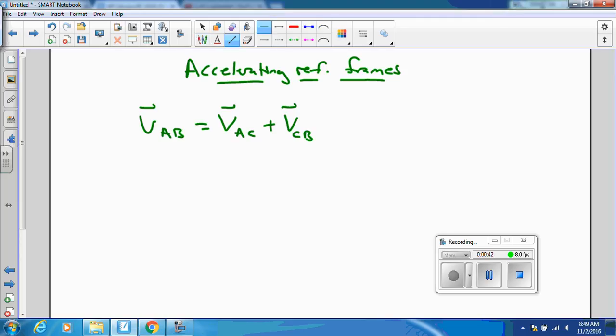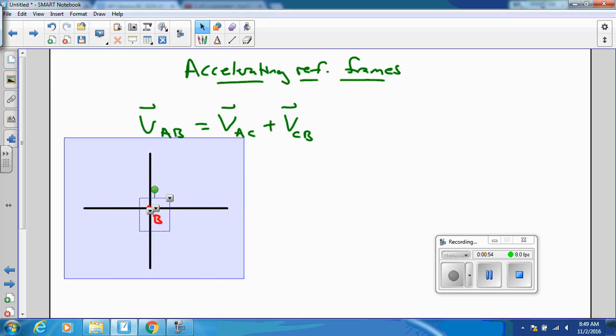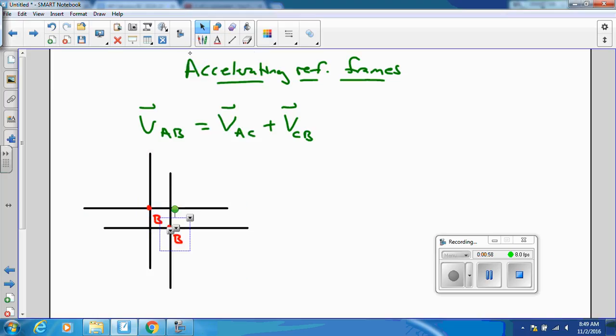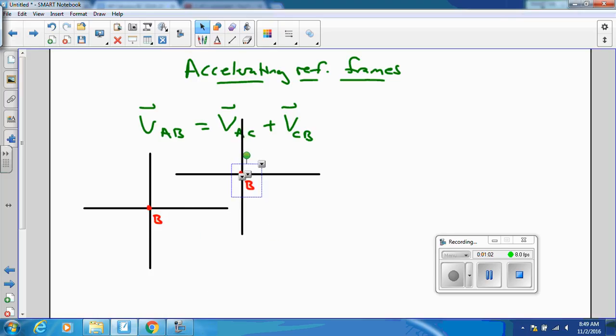And the picture that we had was that we have some kind of origin B right here. Okay? And then we had some kind of origin C right here.